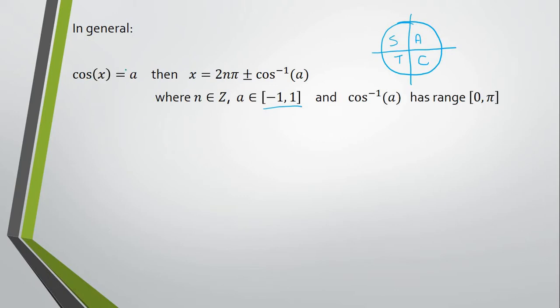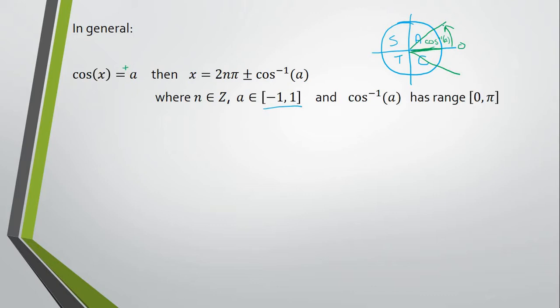If we assume that A is positive to start with, that's the easiest way to do it, where cos of x is equal to a positive value. Cos is positive in the first and the fourth quadrant. So how do we get our solutions? Well, to get to our first solution, here is 0, so we can have 0 plus our solution there, which we would find with inverse cos of A. That would give me the corresponding cos value, our horizontal value, remember?